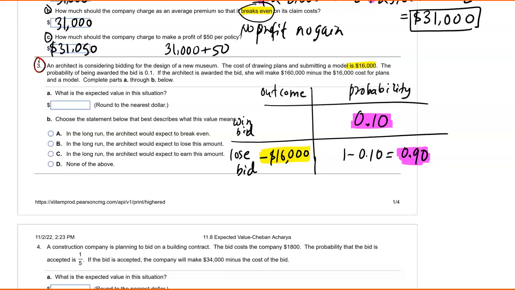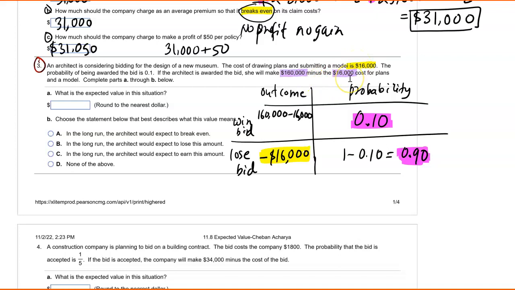But if she wins the bid, she'll get $160,000 minus $16,000 as a cost, because she already paid $16,000 as a fee to submit the model.